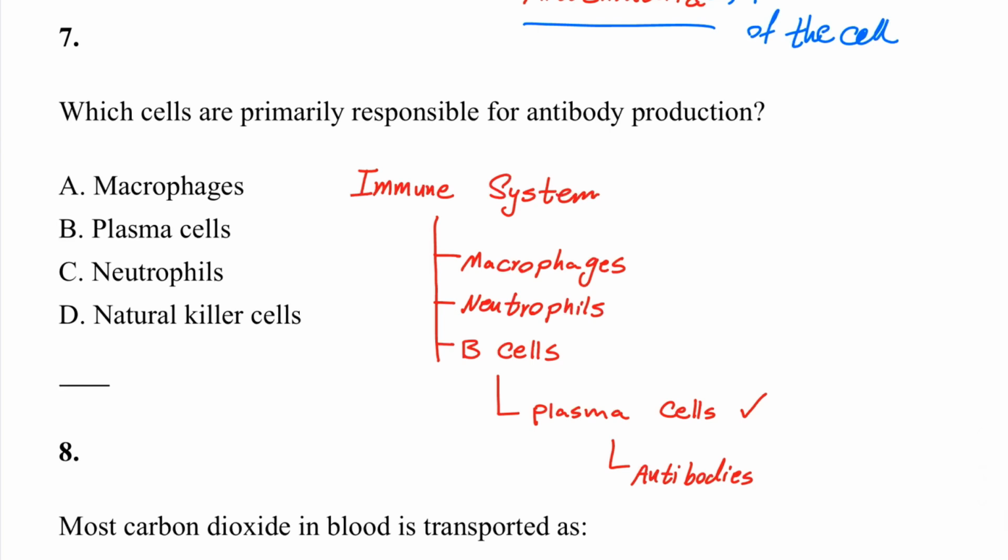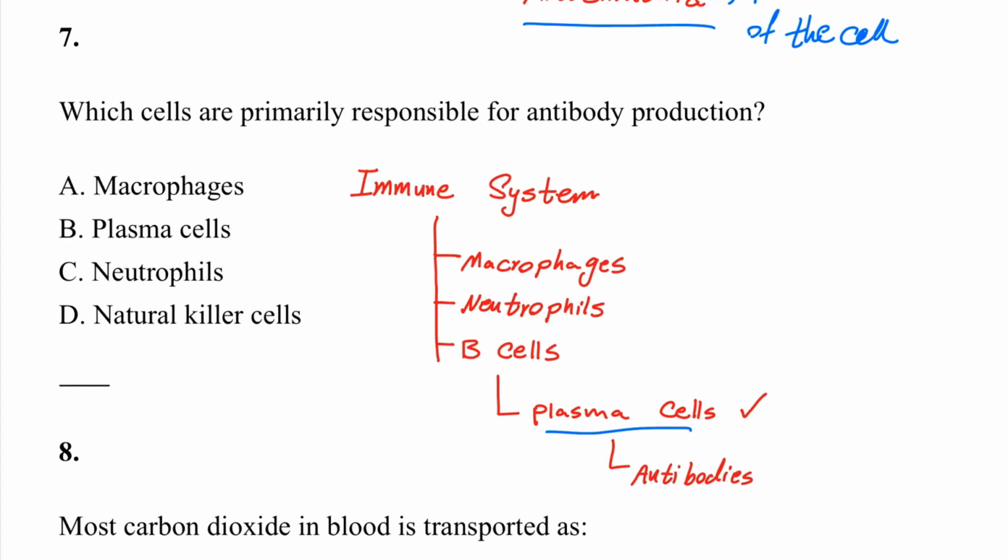B lymphocytes are responsible for humoral immunity. When activated, B cells differentiate into plasma cells. Yes, plasma cells function as antibody-producing factories. They release large amounts of immunoglobulins into circulation.